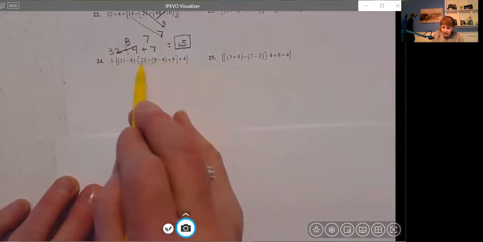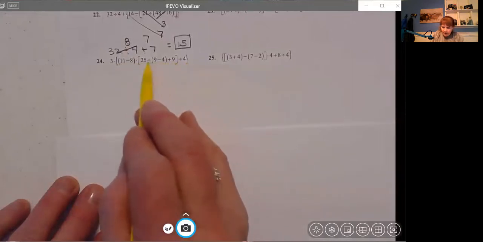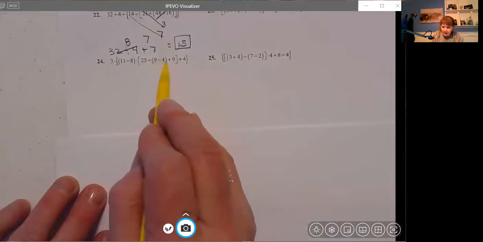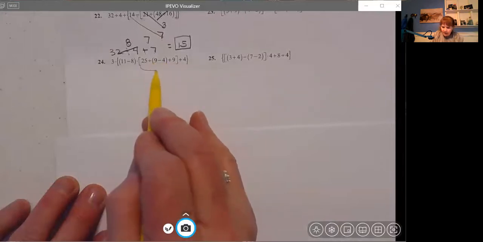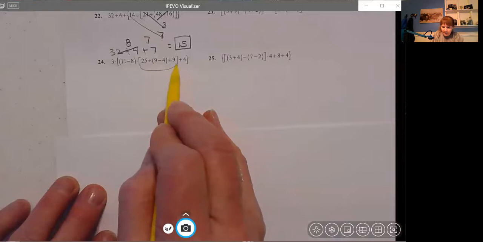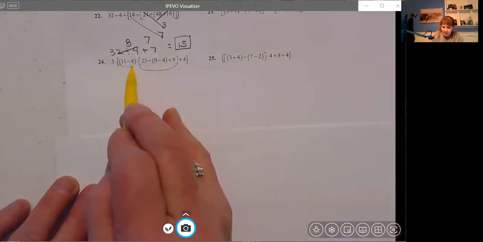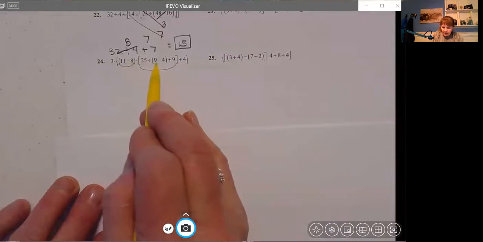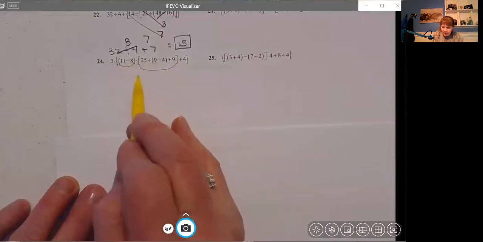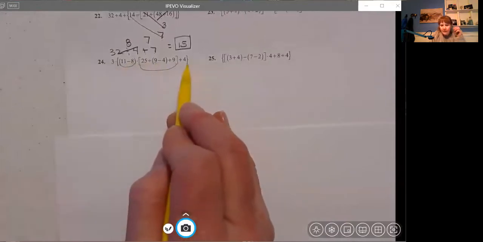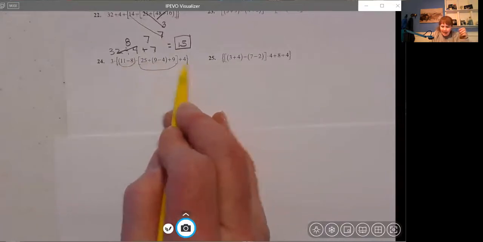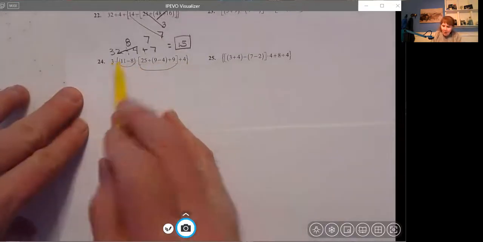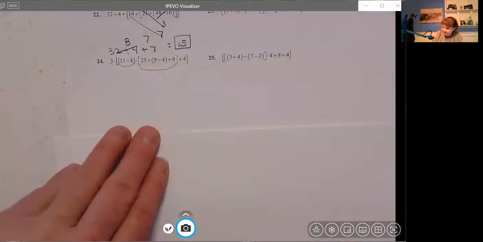We've got brackets, and inside the brackets, we have this parentheses. So I'm going to simplify everything in here. Then I'm going to simplify what's in here, and I'm going to multiply the two together, because then we'll have to do everything within the brace. The last thing we're going to do is multiply by 3. I hope this isn't too confusing for you.